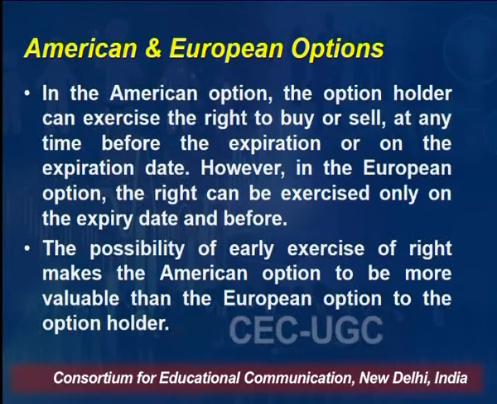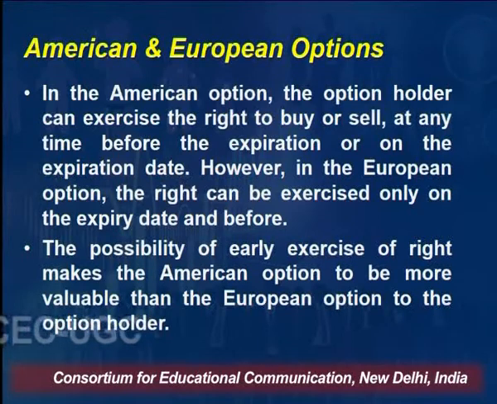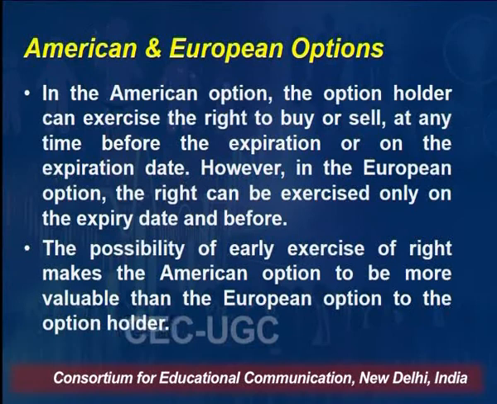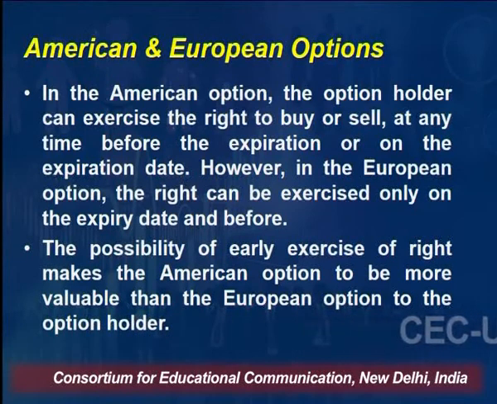However, in the European option, the right can be exercised only on the expiry date. So in the American option, the option holder can exercise the right at any time before the expiry also, but in the case of European option, it is exercised on the date of the expiry.